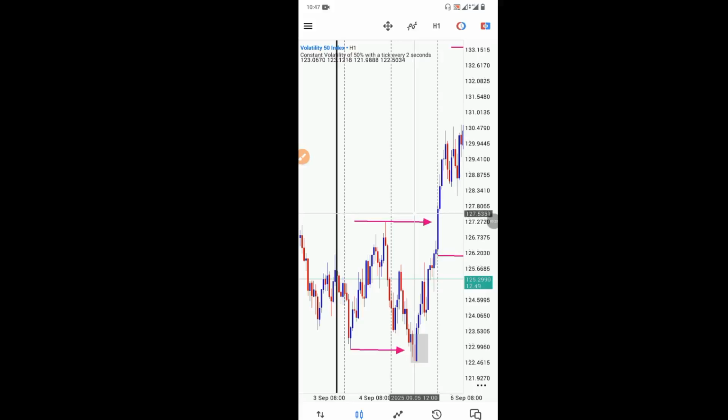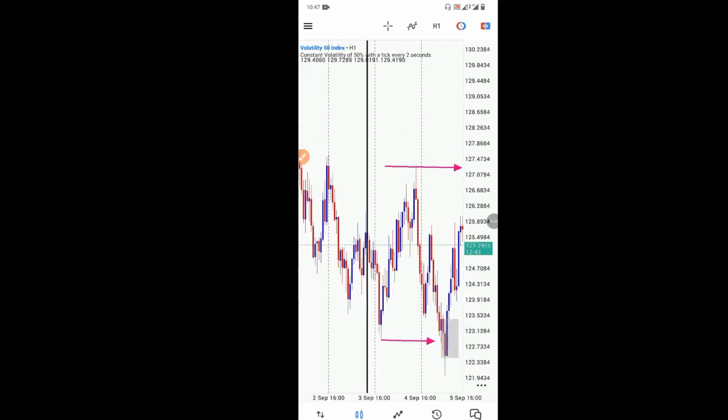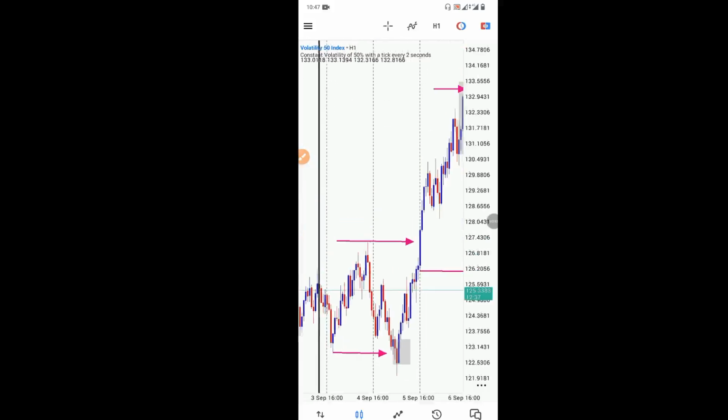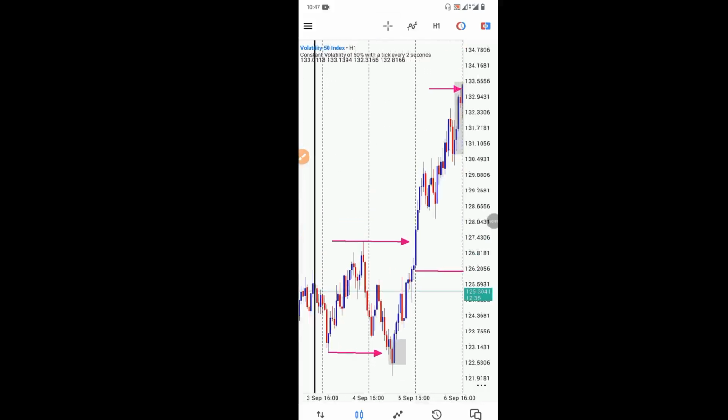So what we'll be considering this day will be what happened on the 4th of September. Looking at what happened on the 4th of September, this is the low of the day here, and this is the high of the day.